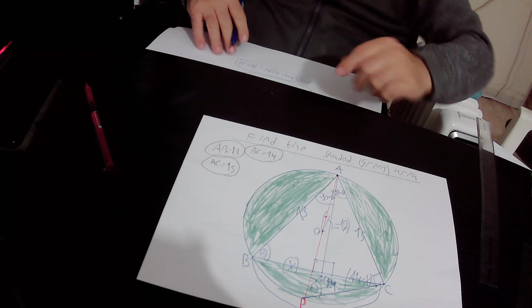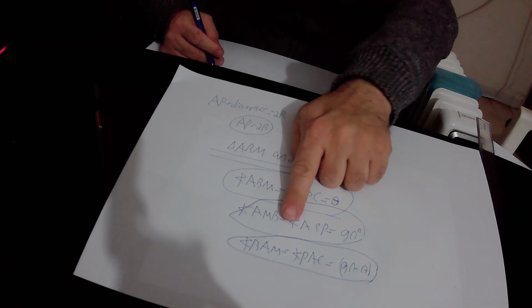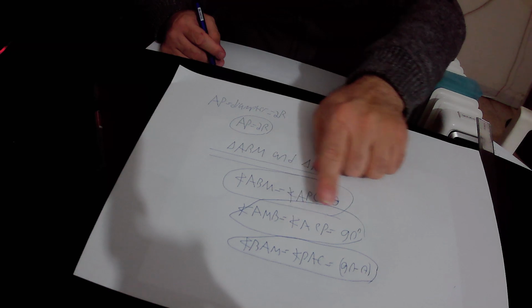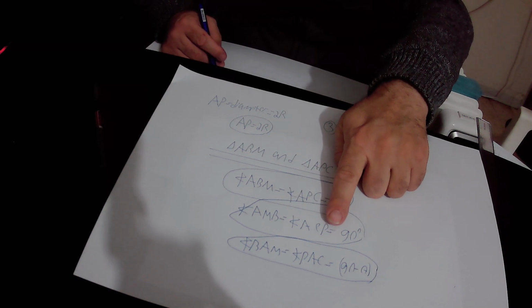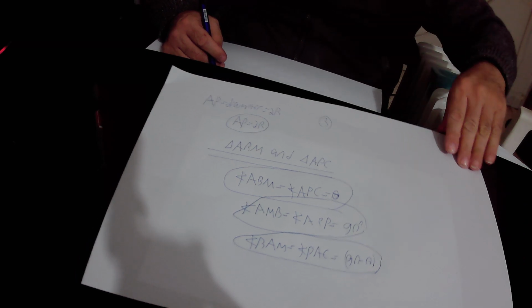Repeat again, angle BAM in triangle ABM equals angle PAC in triangle APC. They are both equal to 90 degrees minus theta, therefore they are equal to each other.